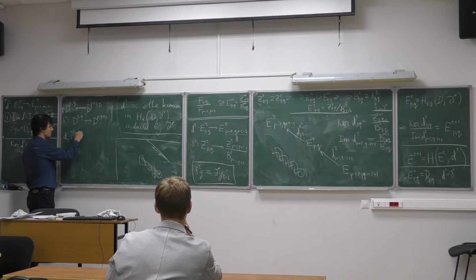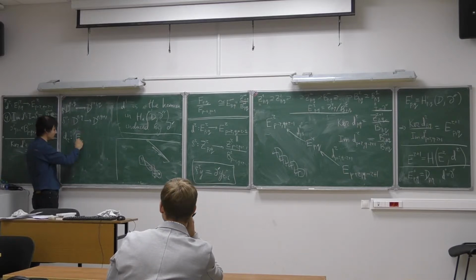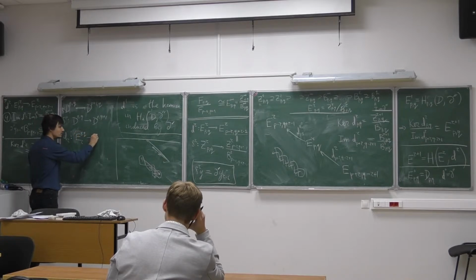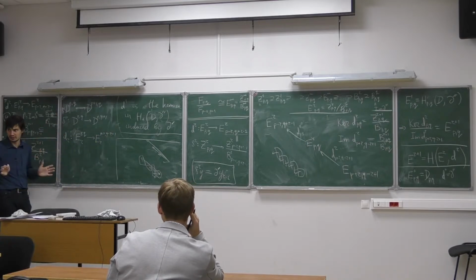So in this situation, the number of the term is written as a lower index, and here we have pq, and it goes to Er, p plus r, q minus r plus 1. And that's the only difference.